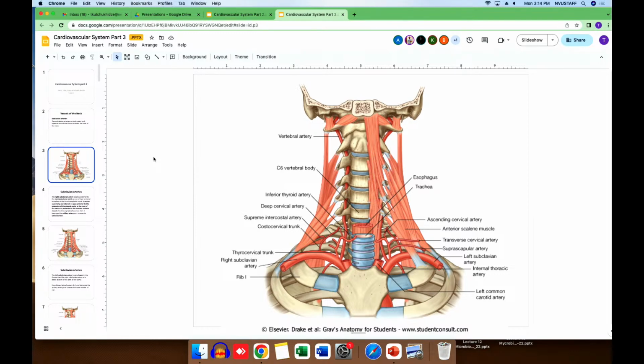As you see, with these branches we will see one more time in this photo, they give a huge supply to the whole vertebral column with the vertebral arteries and the thoracocervical trunk. The internal thoracic artery supplies the whole thoracic cavity, and also the costocervical trunk. So we have a huge supply with just one subclavian artery, right?